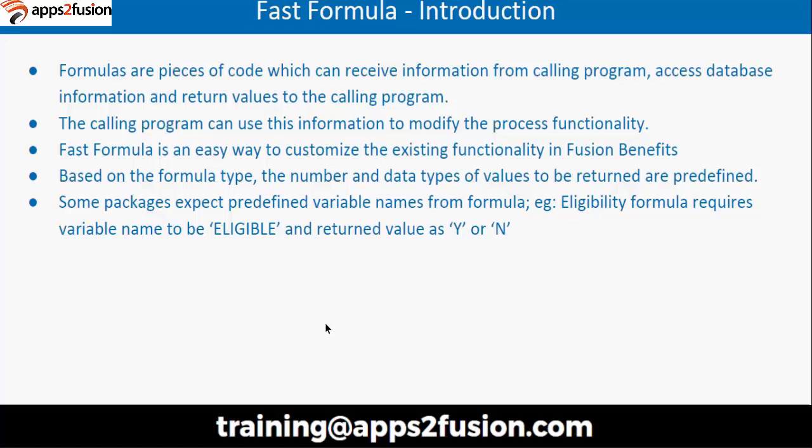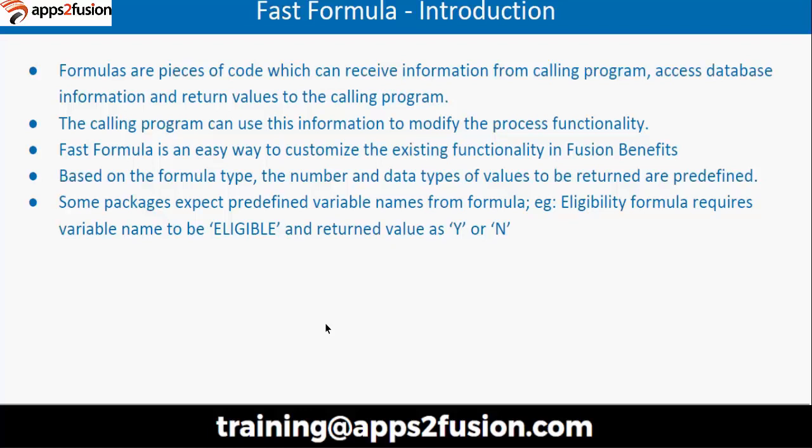The system sees that there is an eligibility formula attached to the eligibility profile. So the function which is evaluating eligibility will call this eligibility formula, and that becomes your calling program. The function calls your formula and says, I need to know the eligibility for this particular person for this particular program.